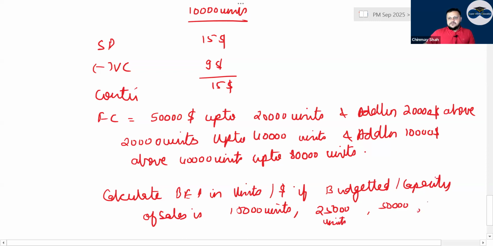And 50 is done, right? One minute, 25 is done up to 40, 50 is done, additional 10,000, 40,000 up to 80,000, okay, up to 50,000 is done. Correct.